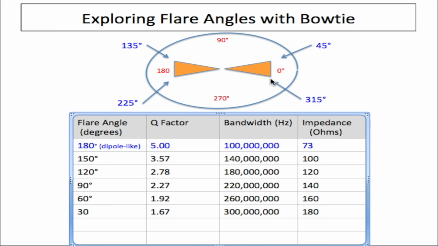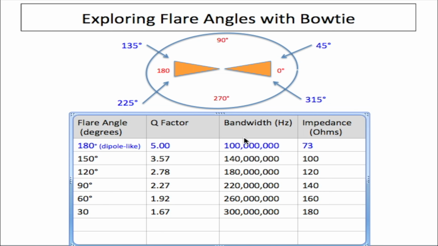And the last angle would be from 315 to 360, which is back to 0 here, which would also be 45 degrees. So each one of the angles would be 45 degrees, and if you multiply 45 by 4 angles, you'll get 180 degrees. And all of the flare angles work in the same exact way.